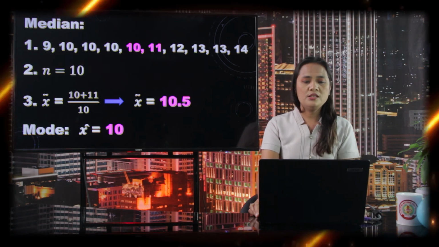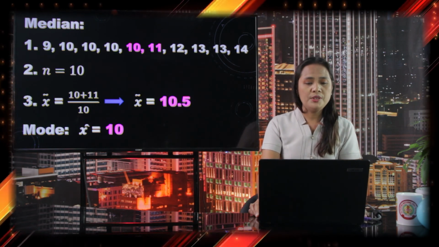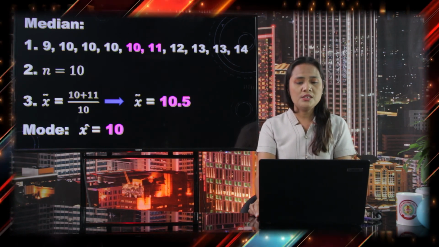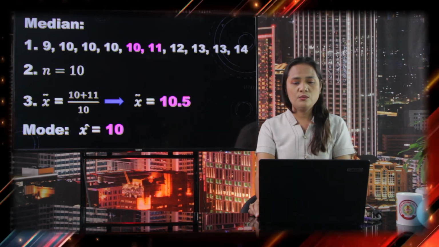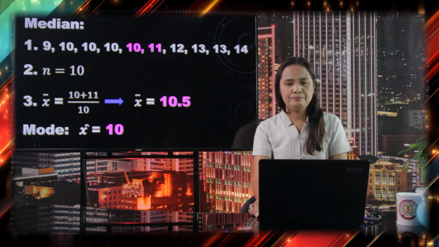Step 2, n is equal to 10. Step 3, median is equal to 10 plus 11 all over 2 is equal to 10.5. The mode is equal to 10.